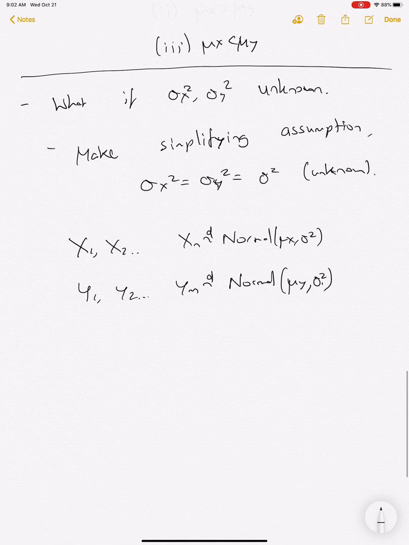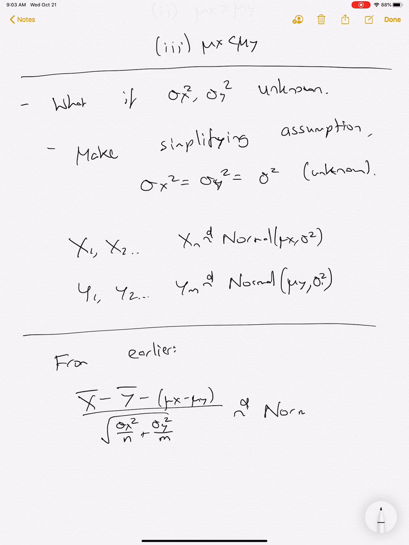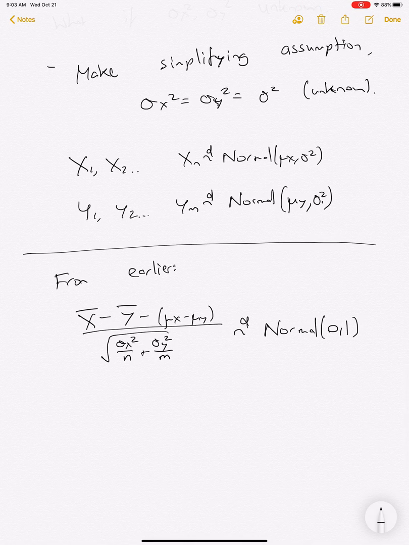Okay, so we already know from earlier that this is the distribution of x bar minus y bar, where we subtract off the mean and then divide by the square root of the variance.